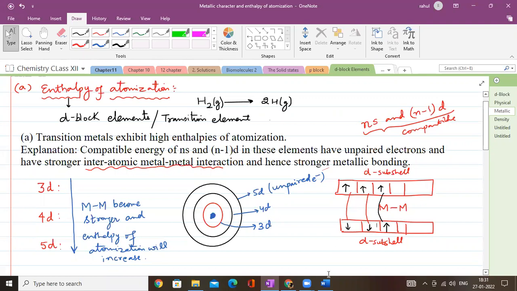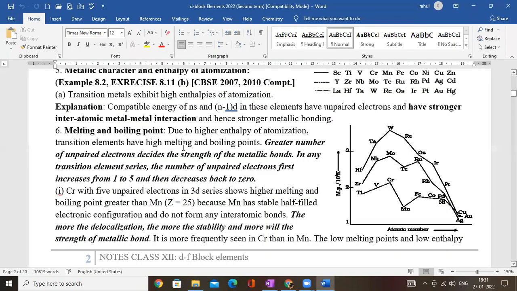What I mean to say right now is, due to the compatible energy of ns and (n-1)d in transition elements, they have unpaired electrons.